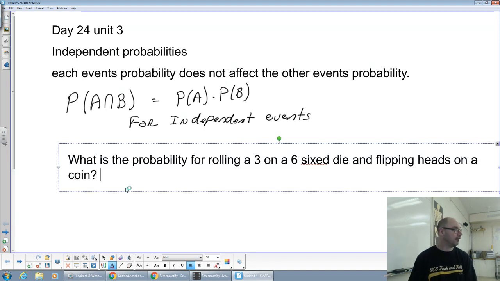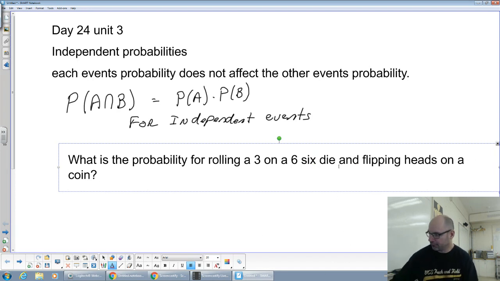A 2-sided coin, obviously, a regular type coin, not two heads on it or anything like that.